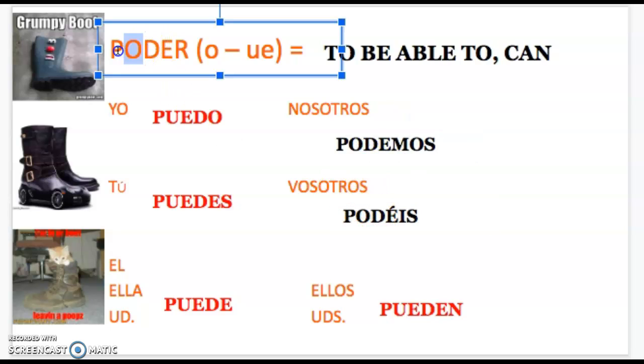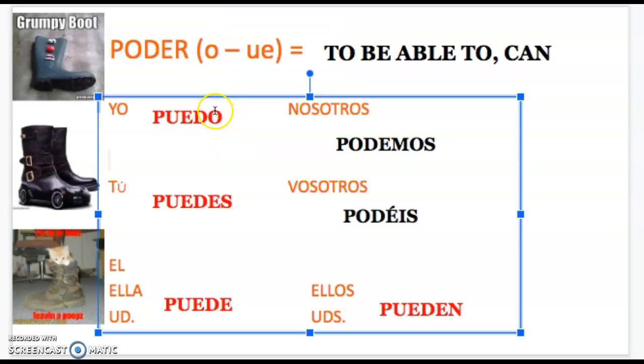It still stays the O. And then I add my conjugation endings. This one happens to be an ER verb too, so I'm adding my E endings: puedo, puedes, puede, podemos, podéis, and pueden. And that's all there is. It is two parts to these conjugations, the stem change and the ending. And your job will be to learn what these verbs mean and what they change to.